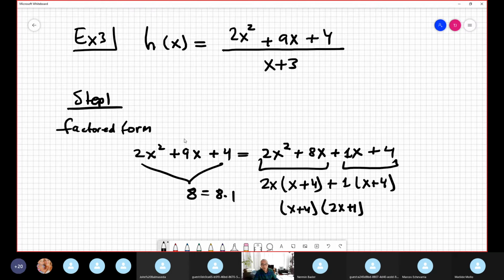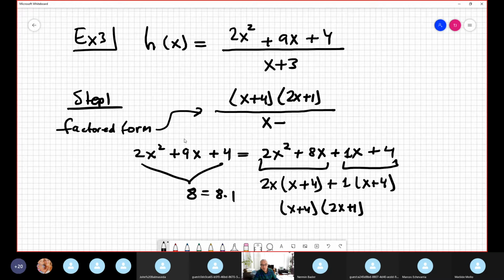Okay, super. So far, the factor form of our problem is in the top, x plus 4 times 2x plus 1. And the bottom is just x plus 3, which is only one prime expression. And this is another way to express our original function, whose name is h of x. Any question, guys?